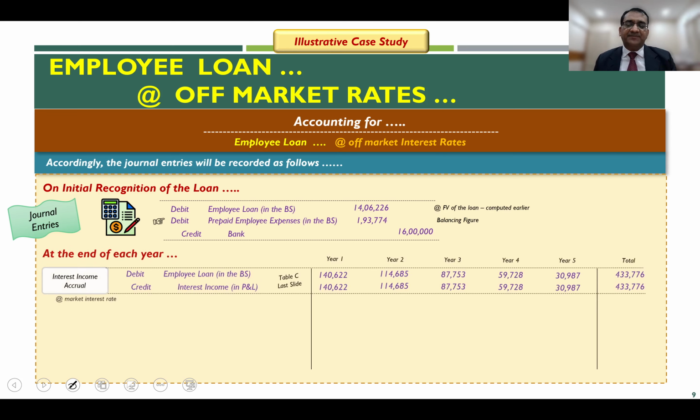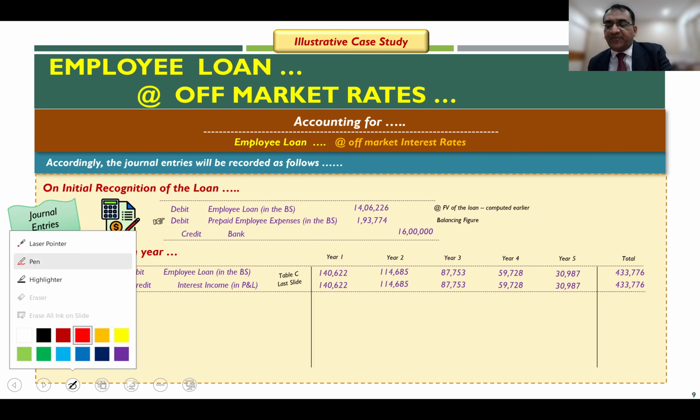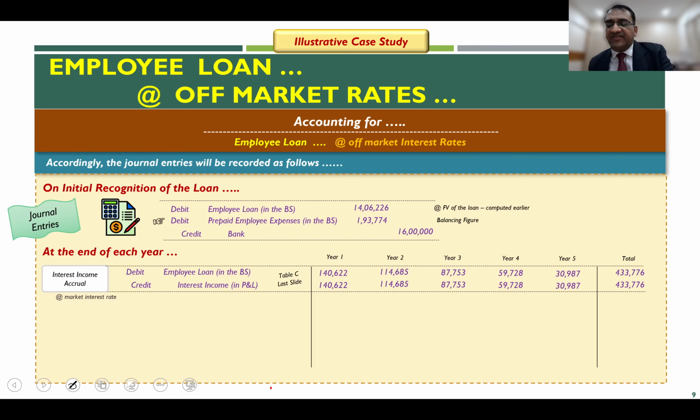What happens subsequently? At the end of each year, I have simplistically put all the entries together. At the end of each year, end of year number 1, 2, 3, 4, 5, and total also I have given. Now, based on the table which we created earlier, interest income needs to be accrued. In the previous table, table C on the last slide, the interest for each of the year is computed.